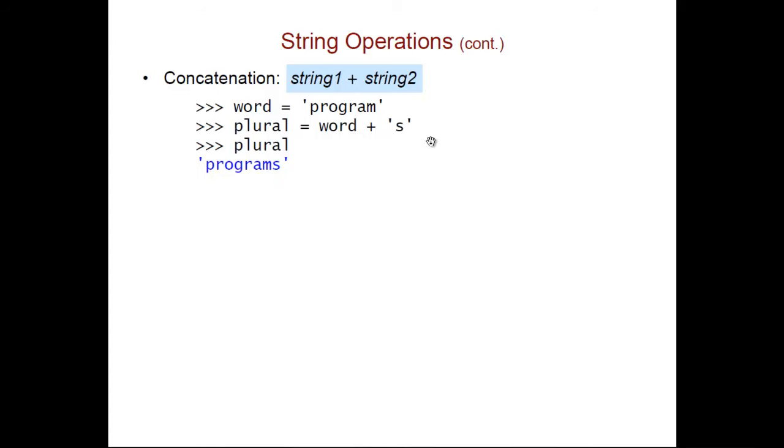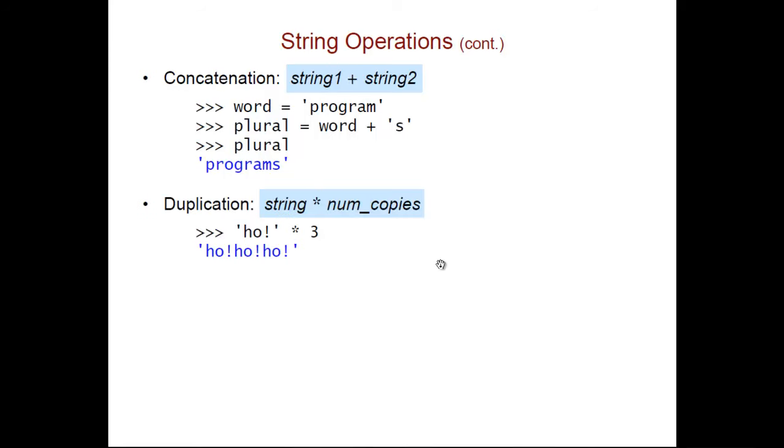And so what I'm going to end up with is programs, right? Because I took the value of word, it got replaced by its value, then I concatenated the string s, and that gave me programs. I can use the multiplication operator with a string to produce a new string that has that many copies of the original.